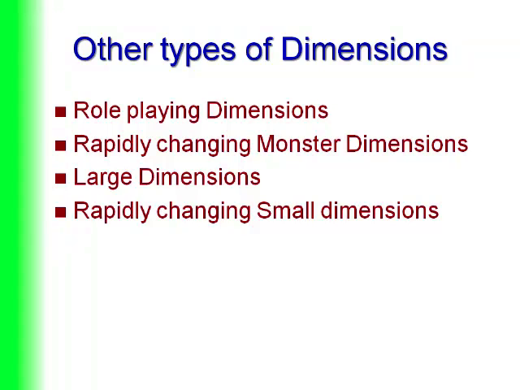Then rapidly changing monster dimensions. These dimensions are similar to large dimensions, but typical of a large insurance customer dimension. Customers and claims are rapidly created and changed. So we need to track history for credit and legal reasons. Continuously, the attributes are changed to another dimension table because employees may move from one place to another.